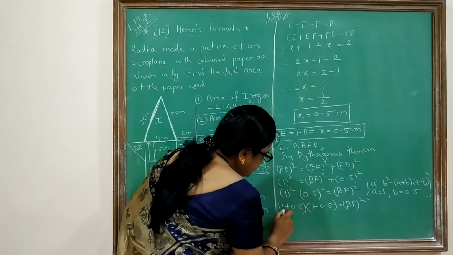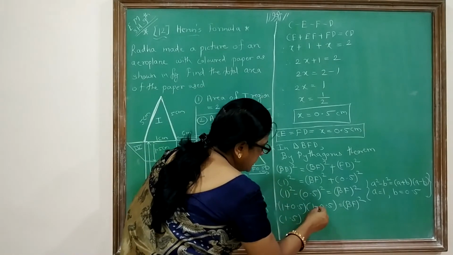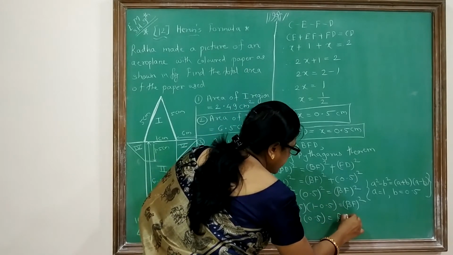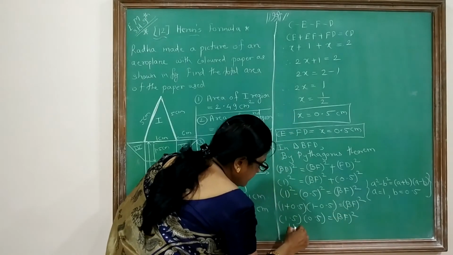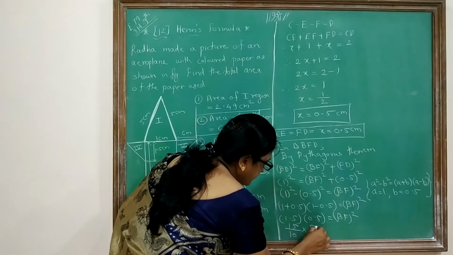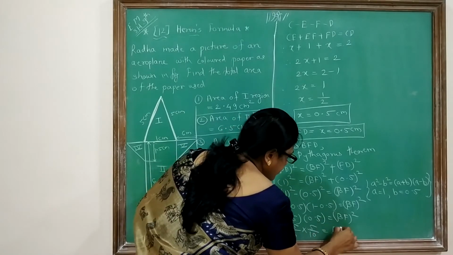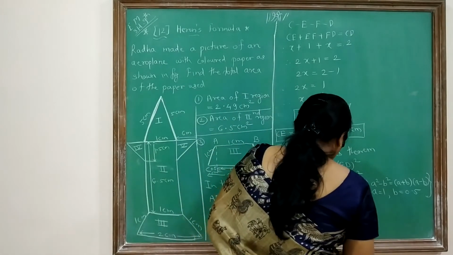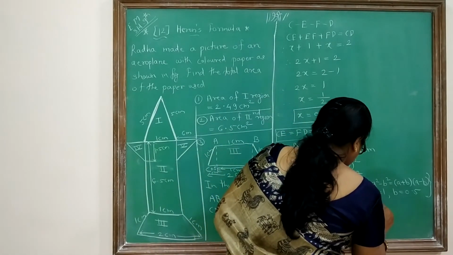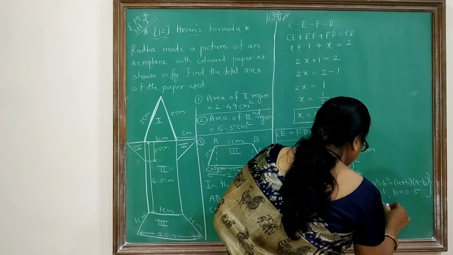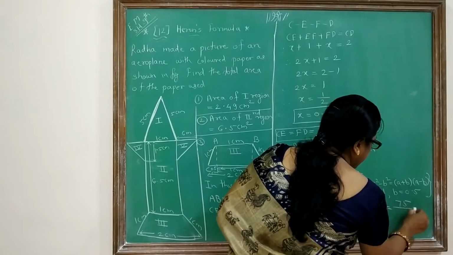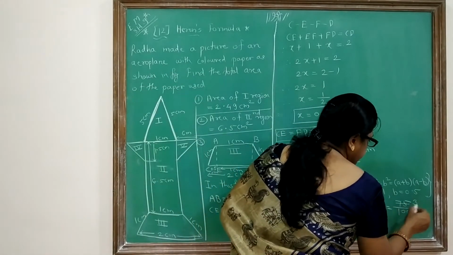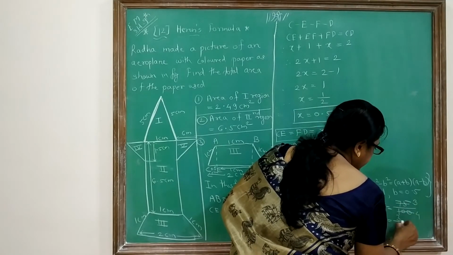Then here 1 plus 0.5 is 1.5. Here 1 minus 0.5 is 0.5 equal to BF whole square. Then calculate. 15 divided by 10 multiplied by 5 divided by 10 equal to BF whole square. Then 15 into 5 is 75, so BF whole square equal to 75 divided by 100. Then you will divide, 25 3s are 75, 25 4s are 100, that is 3 by 4.